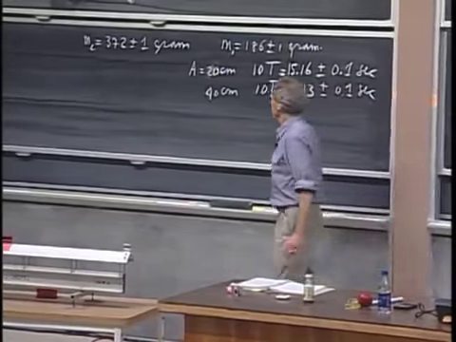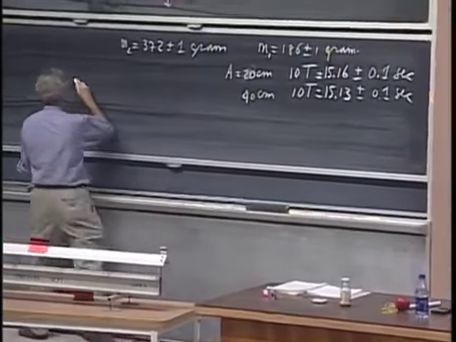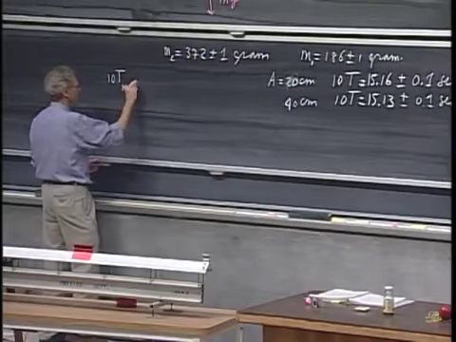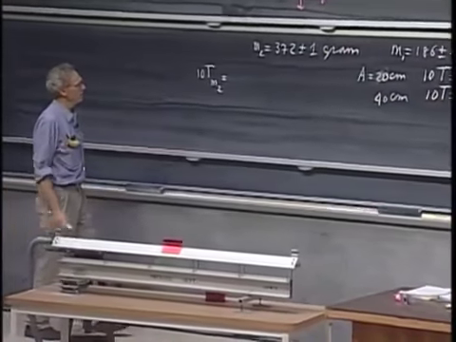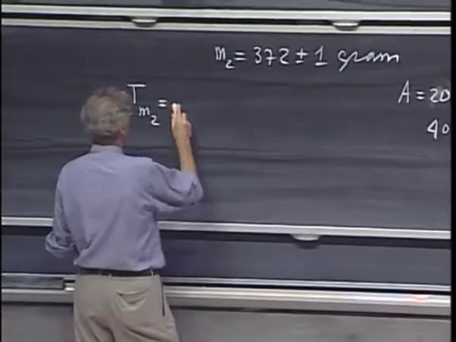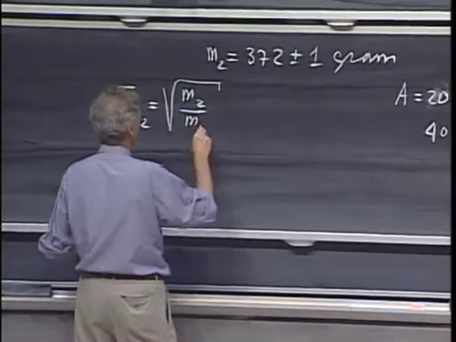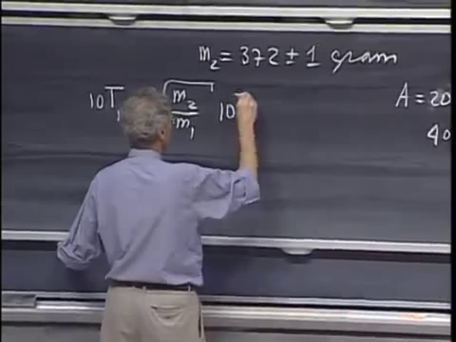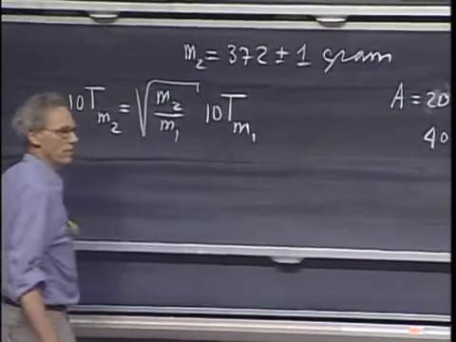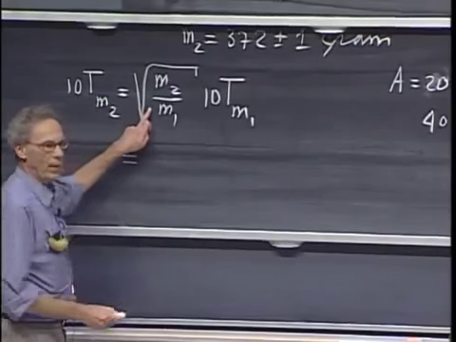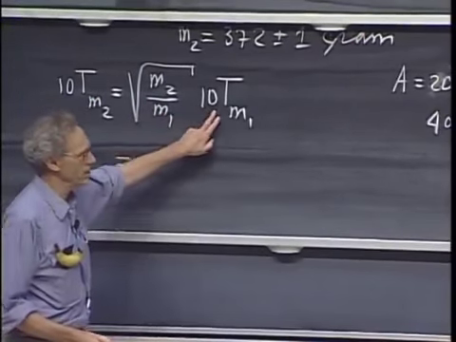So now I'm going to measure the 10 periods of this object with mass M2, so twice the mass. So that should be the square root of M2 divided by M1 times 10 times the period of M1. And so I can make a prediction, because this is the square root of 2, and I know what this is.